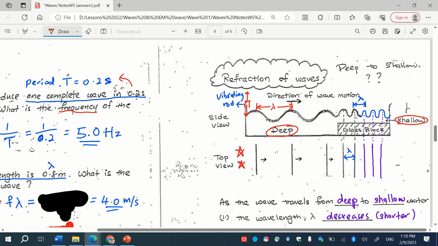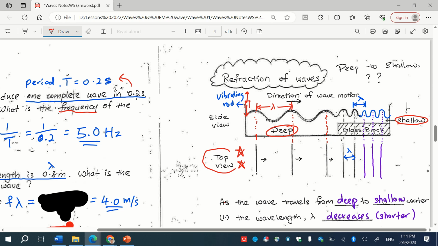Just now we saw the demo of the ripple tank. The wavelength decreases, they become shorter. If I see from the top view, now I see the wavefront. Every black line represents the crest. If I compare with the side view, every black line represents the crest, the topmost point on the water wave.